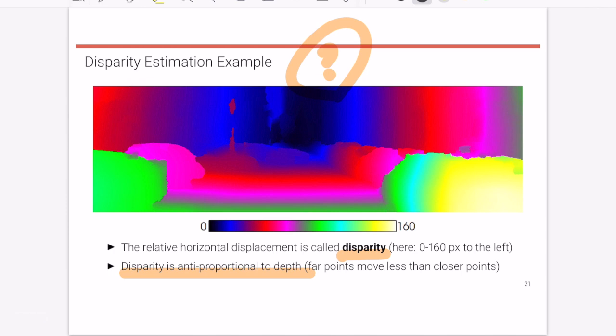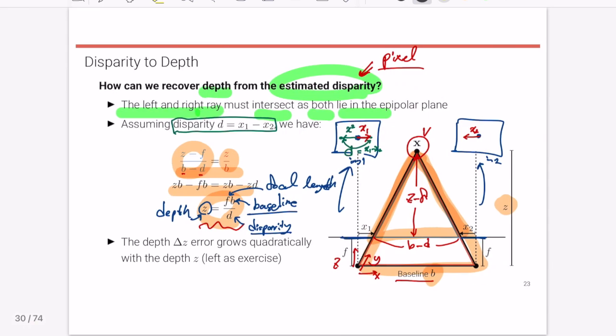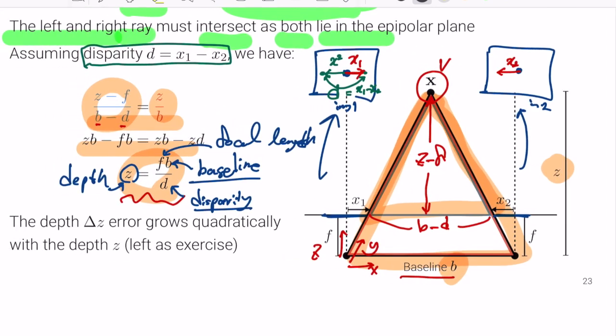This disparity is defined in pixel space, but we are interested in the depth information, the physical meaning of depth. So we have to consider how to convert disparity to a depth map. So we consider similar triangles. This triangle and this triangle.